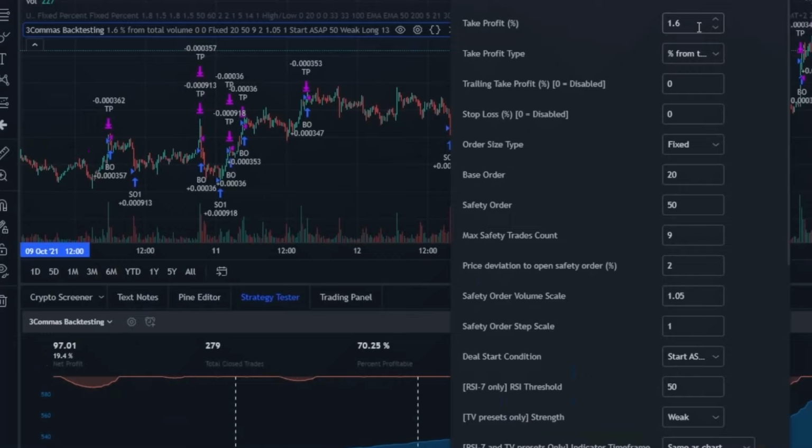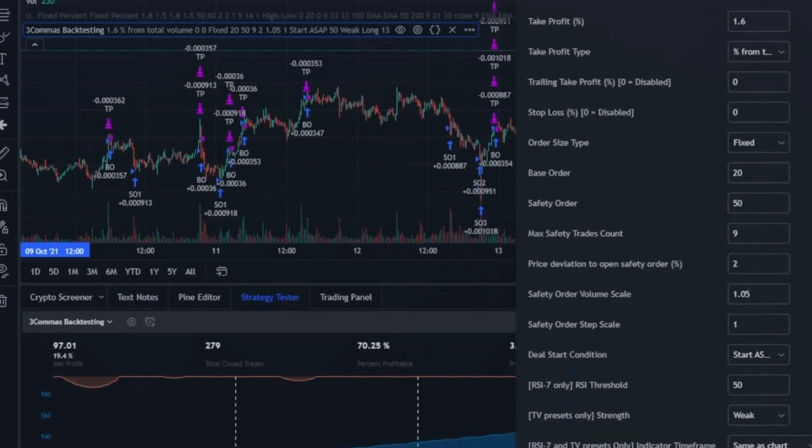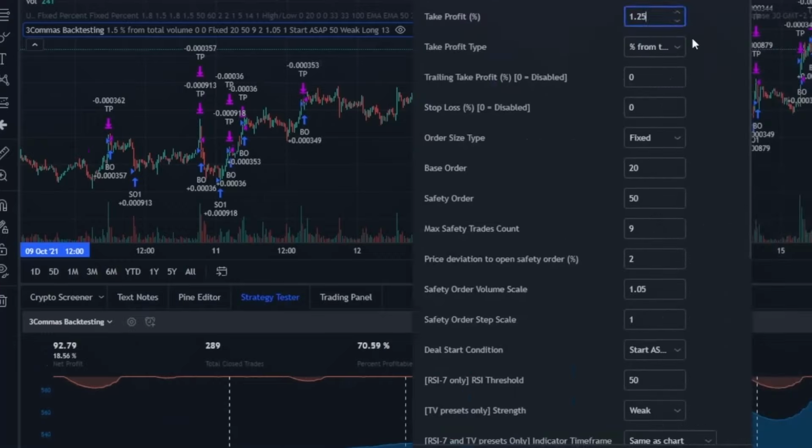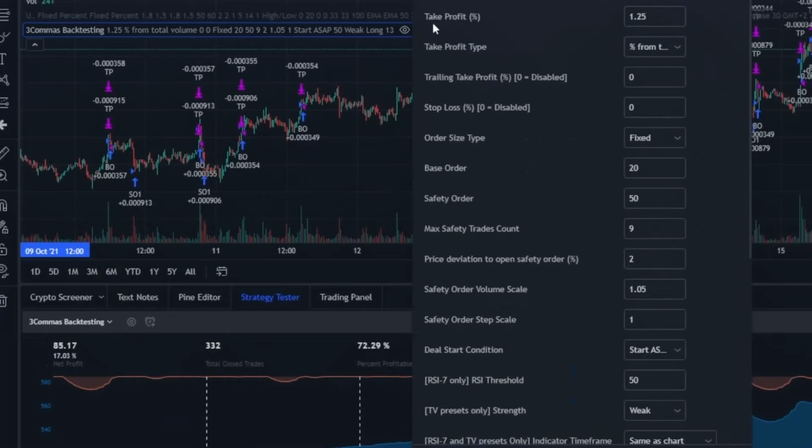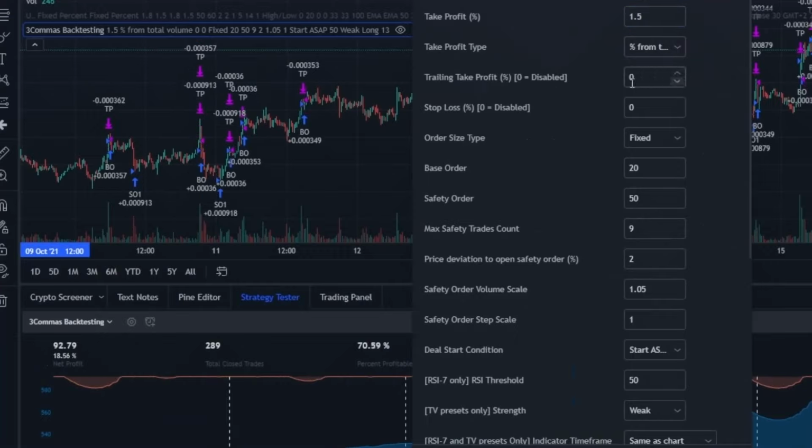Yes, even increased the number of trades, but we decreased our net profit. And although we actually decreased the take profit, we still had a max number of safety orders used of 9. Okay, so personally I would still leave this at 1.5 as it seems to give better results.